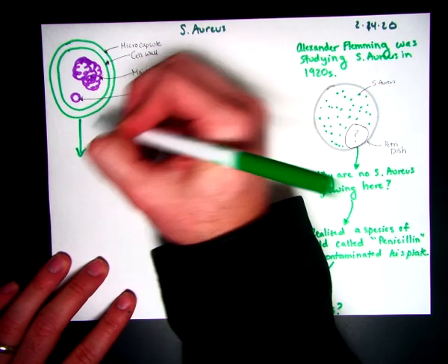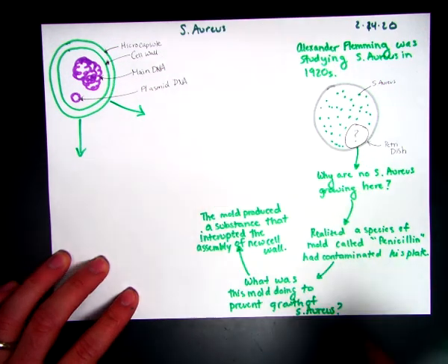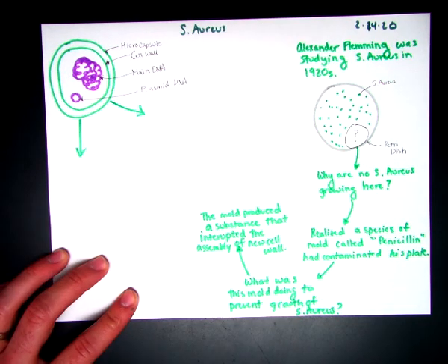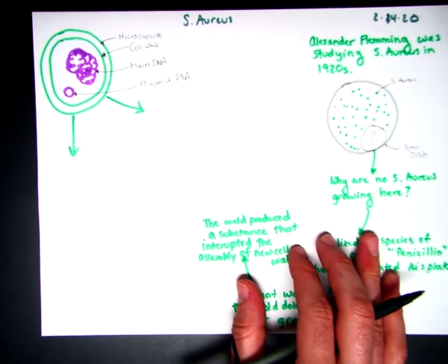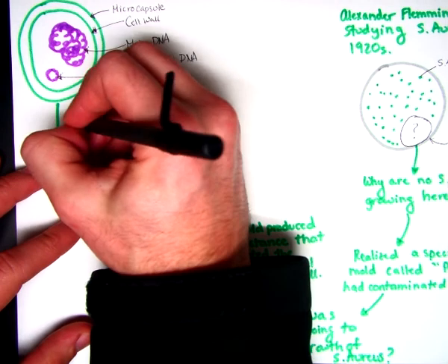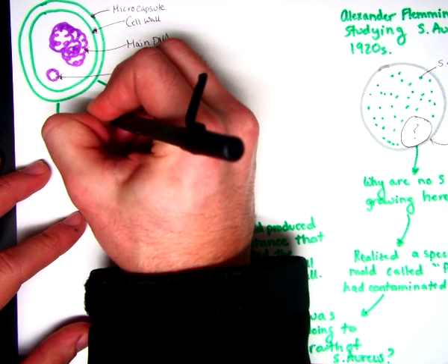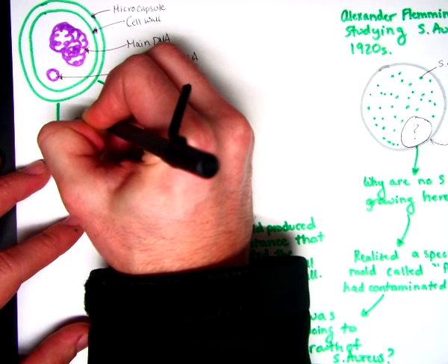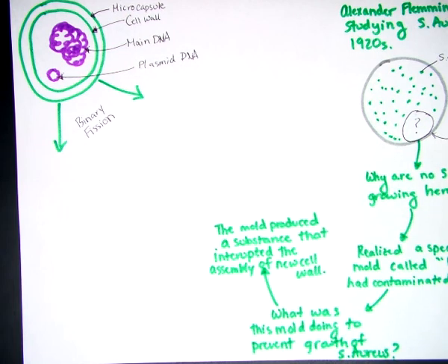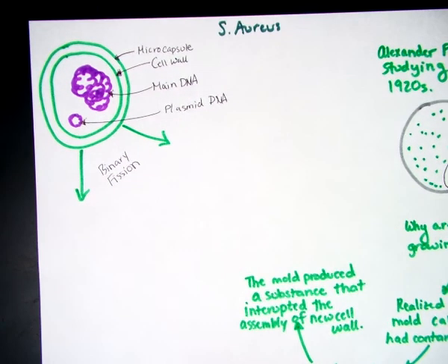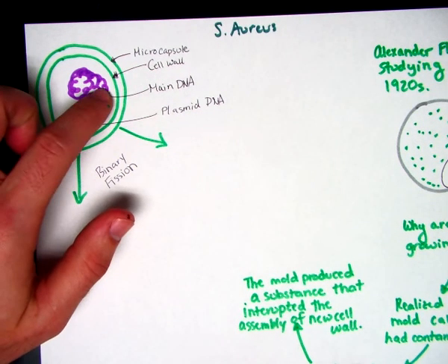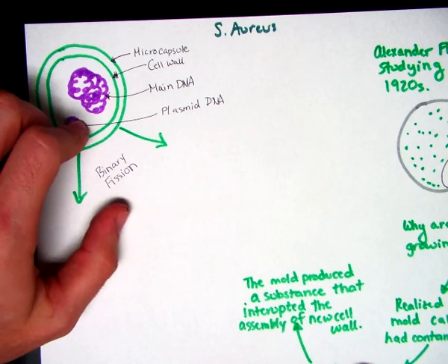uses a process called binary fission, is what they call it. Binary fission. And all that happens here is that all of the DNA and plasmid DNA replicates.